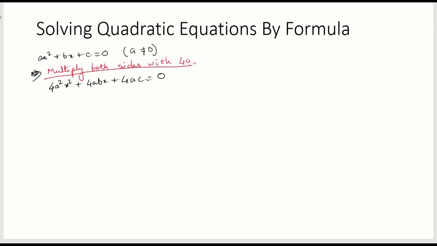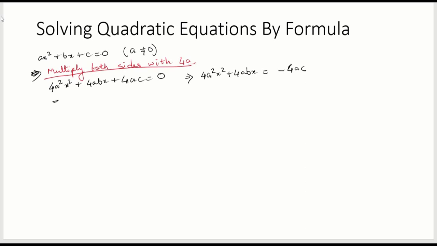Now let's take 4ac to the other side of the equation. So we get 4a square x square plus 4abx equals minus 4ac. Now let's add plus b square to both sides of the equation, right?